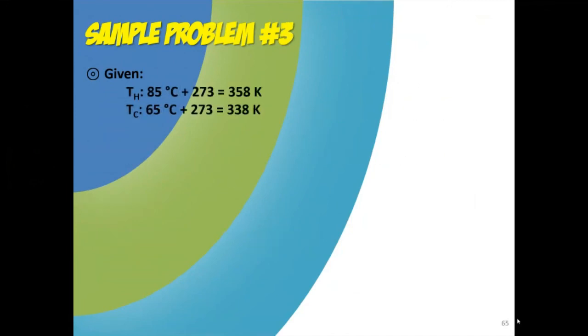What about this one? Our given is in Celsius, but the unit we are looking for here for temperature is Kelvin. So we need to convert from Celsius into Kelvin.